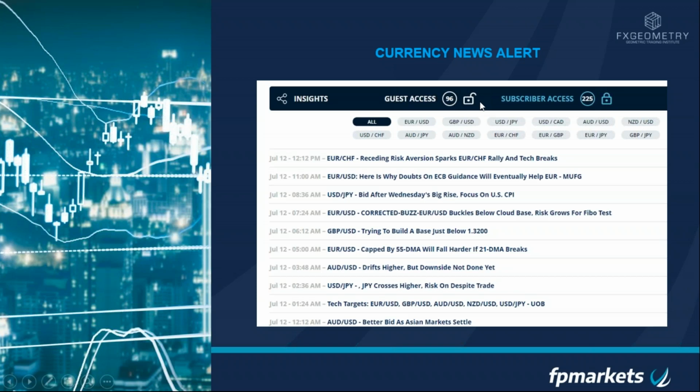So that's basically it. As you can see here, we have actually got a news alert that represents a couple of other currencies as well. But it's not just about looking at these currencies and going onto your platform and executing the trade. We would need to understand whether or not we are filtering the information properly. Are we filtering it to actually extract patterns as well, high probability, low risk patterns?